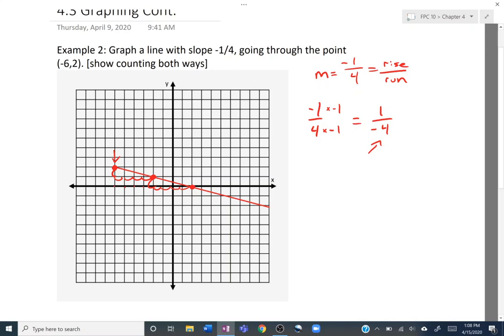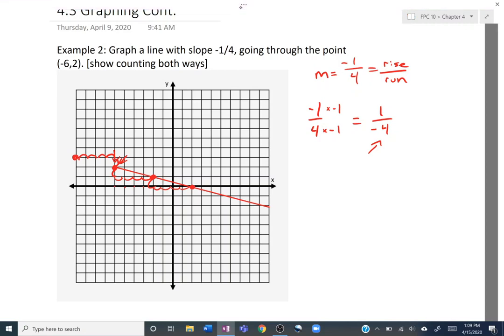So if I start at our original point, that's this one over here with the dot on it, now I go up 1, and then it's a -4, so I'm going to go left 4. 1, 2, 3, 4, which would give me that point right there.